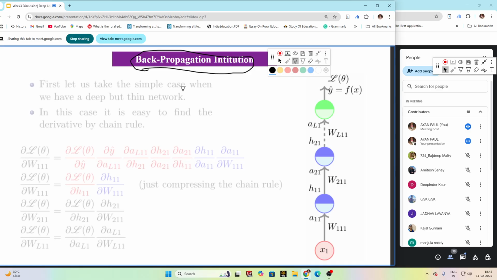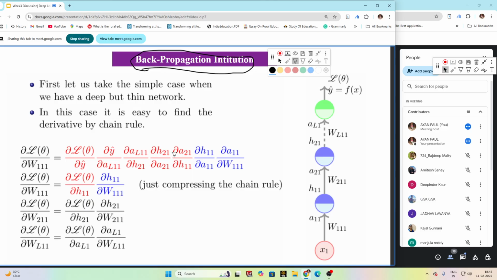Let's see how the gradient with respect to this weight is calculated. Whenever we calculate del L by del W11, we have to apply our chain rule. Why do we have to apply the chain rule? Because there are so many functions in between.